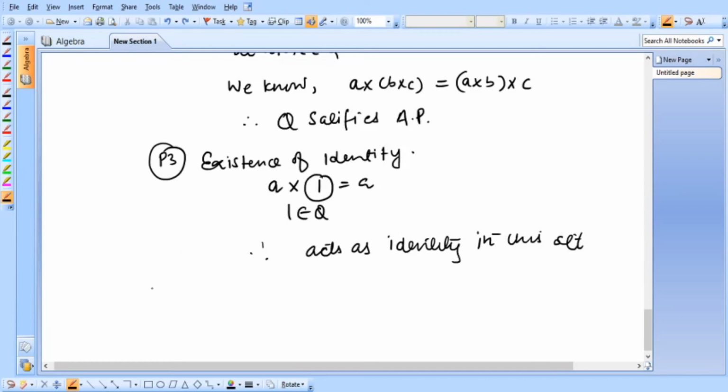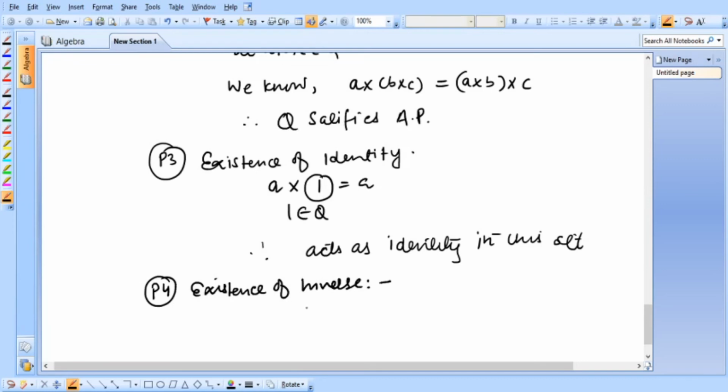Now the last property, let us see. Property number 4, existence of inverse.